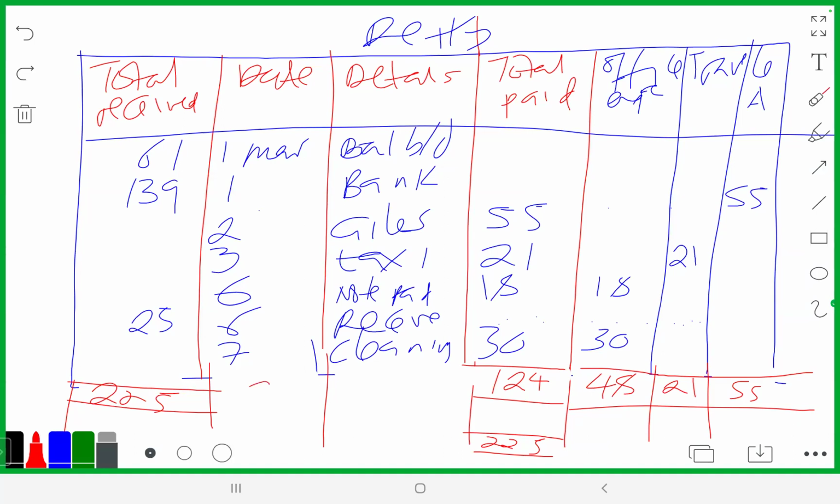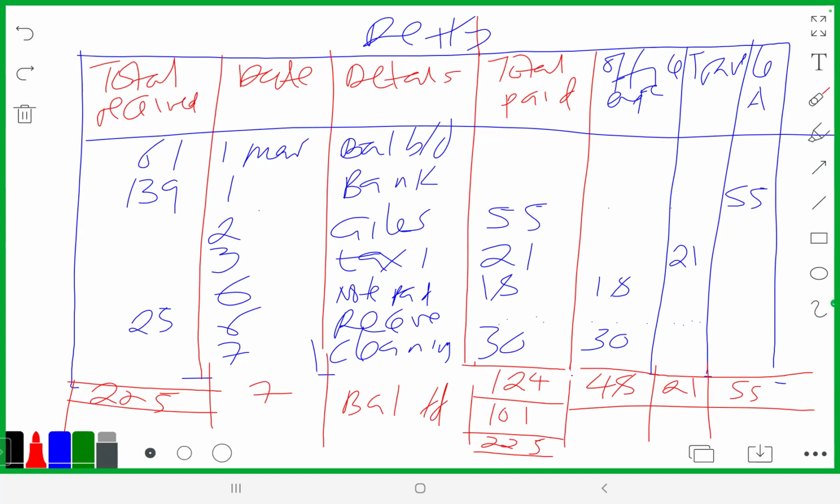From what we said about how to balance off the account, you deduct the smaller amount, the 124, from the bigger amount. So you say 225 minus 124, then this will be the balance carried down, and it is 101.